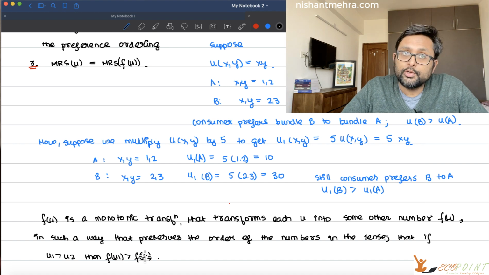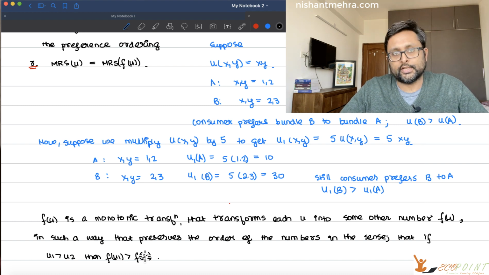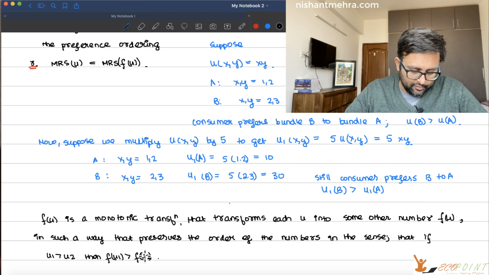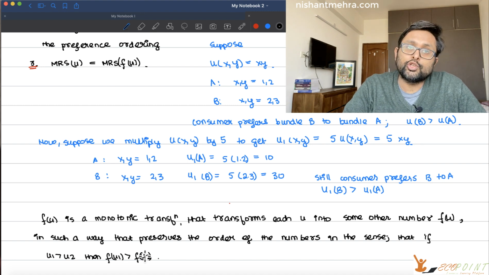So if the original utility is, say, u is equal to xy, and the transformed utility is f of u, which is 5u of xy, that is 5xy, then you say that f(u) is the monotonic transformation of u. So f(u) represents the preferences in the same way as the original utility.